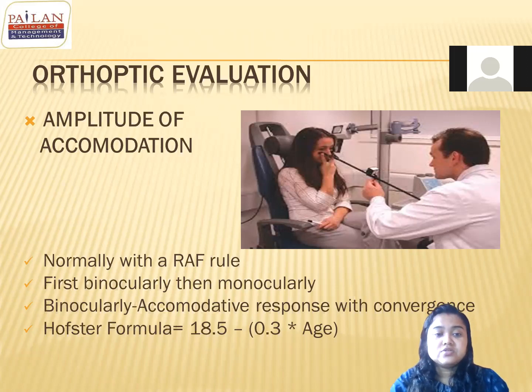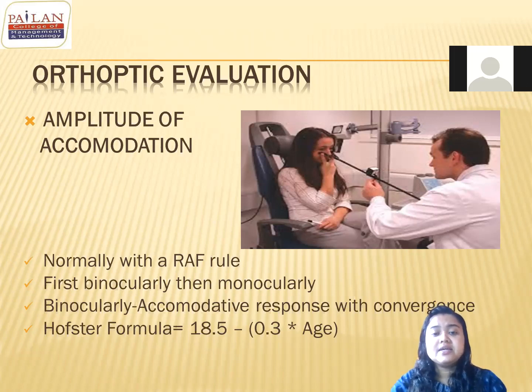Basically, on the RAF ruler there are four sides. One side is written in diopters, so you can measure the accommodation in diopters. Basically we measure the amplitude of accommodation in diopters.